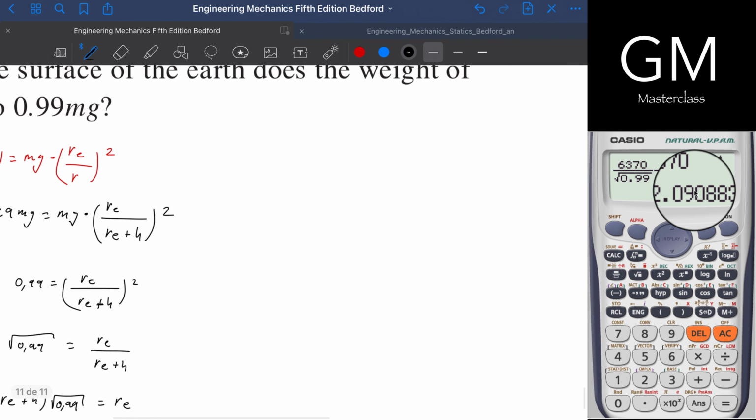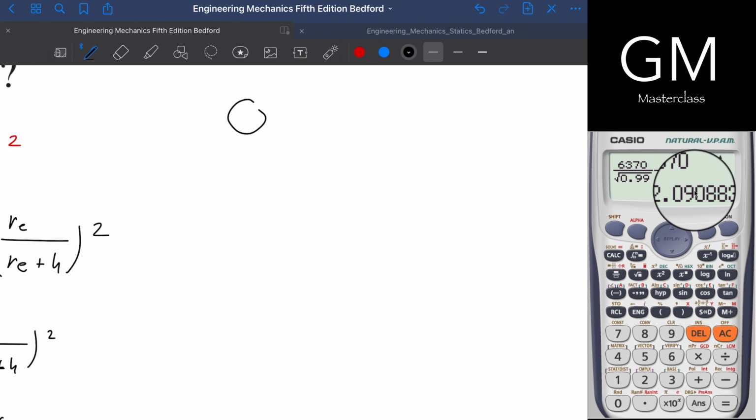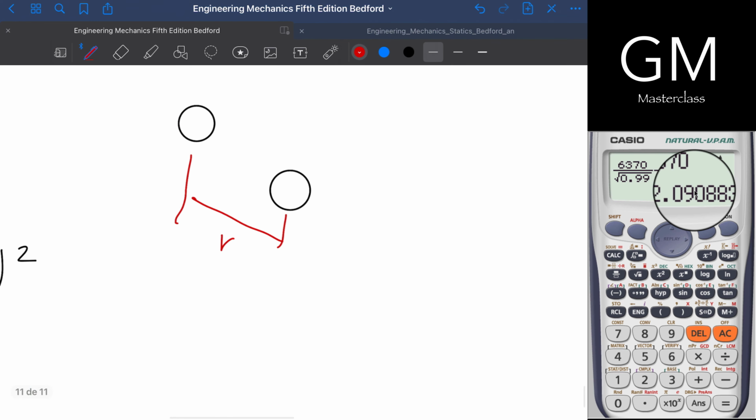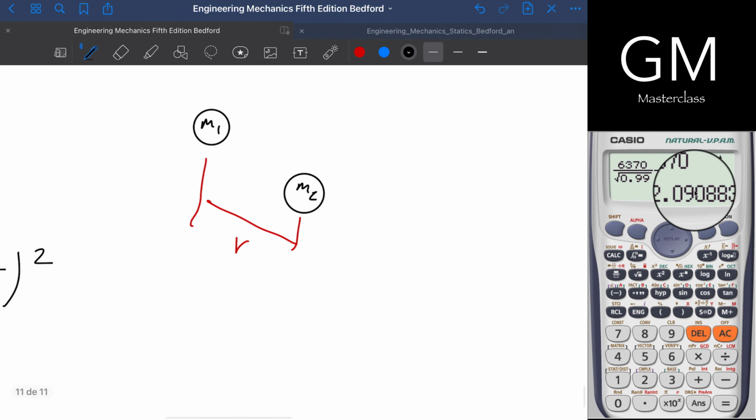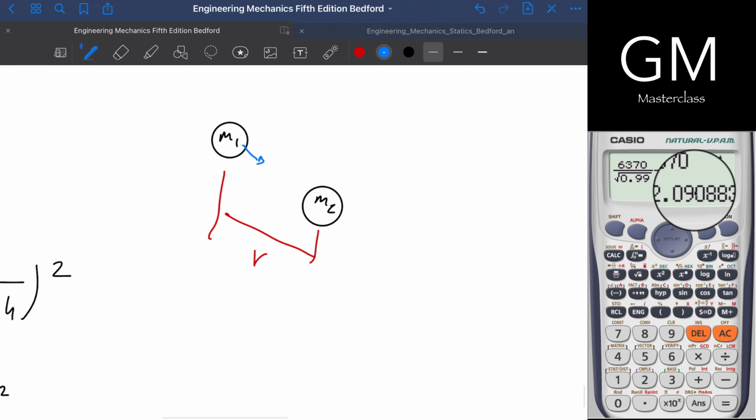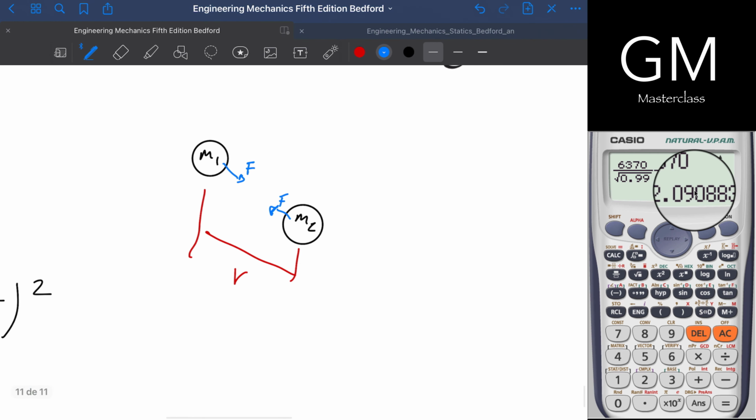Now, when we have two particles separated by a specific distance, which I'm going to call r, and I'm going to call the mass of the first particle m1 and the mass of the second particle m2, there is going to be an attraction force generated between them that is equal for the two of them.